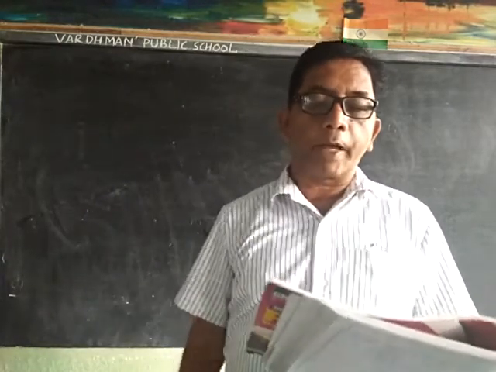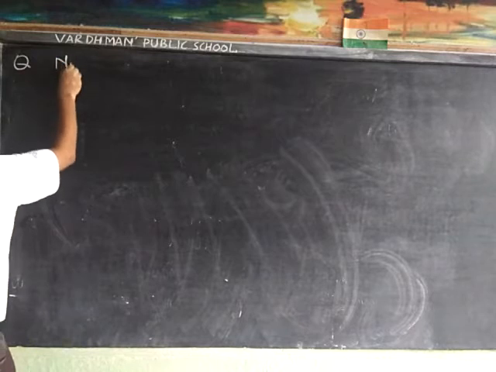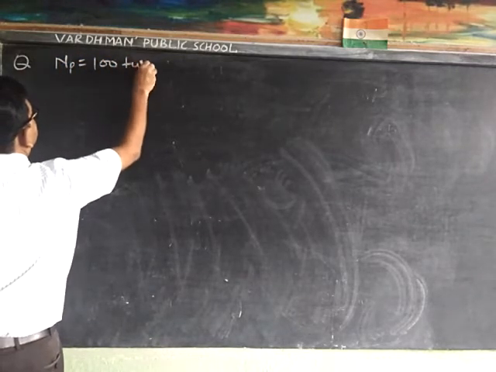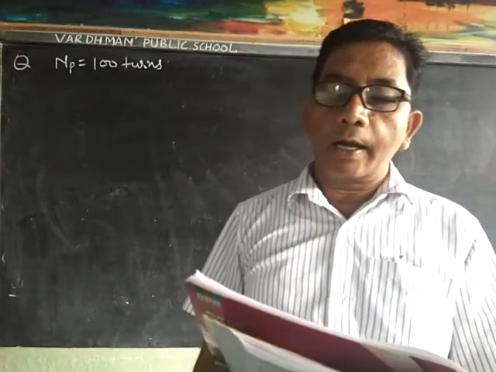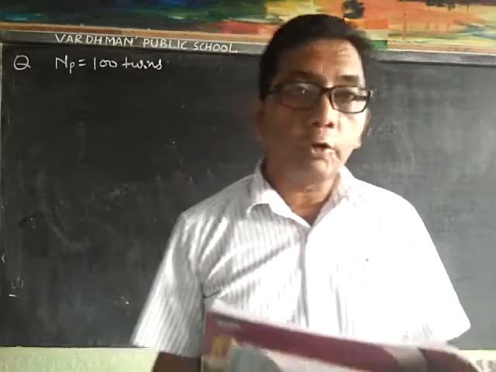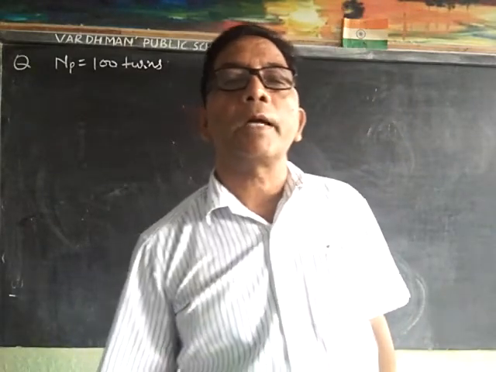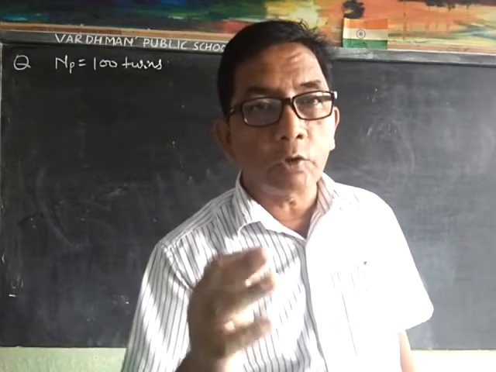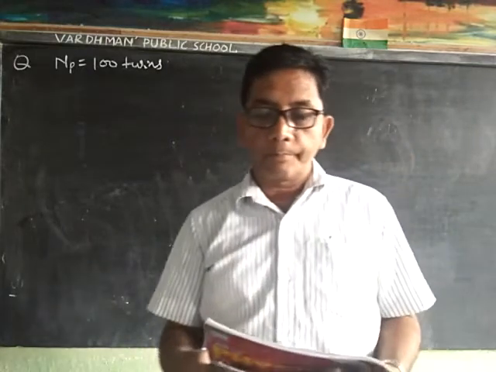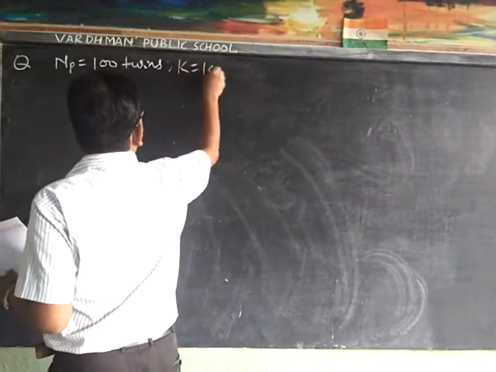First, the primary coil of an ideal step up transformer has 100 turns, so Np is equal to 100 turns, and the transformation ratio, the ratio of the number of turns in the secondary coil to the number of turns in the primary coil, denoted by K, is equal to 100.